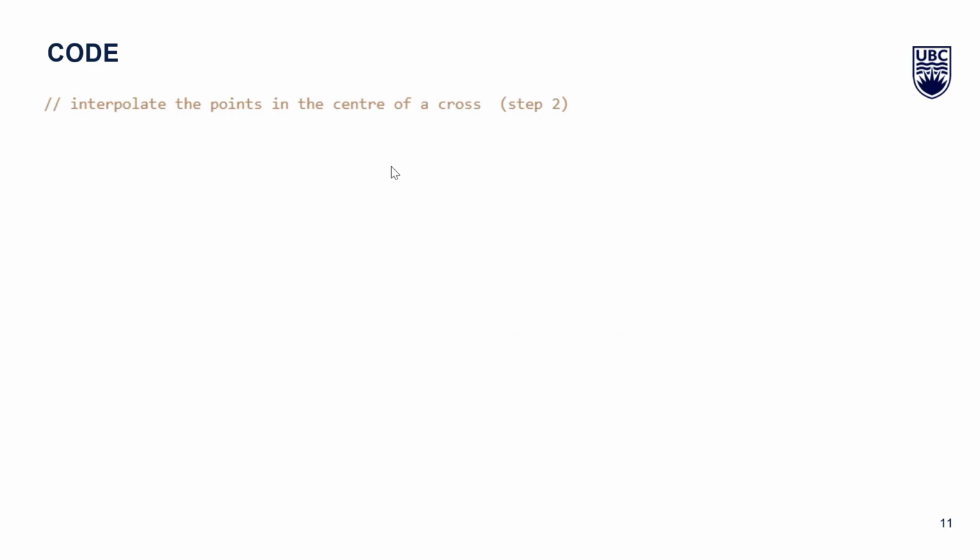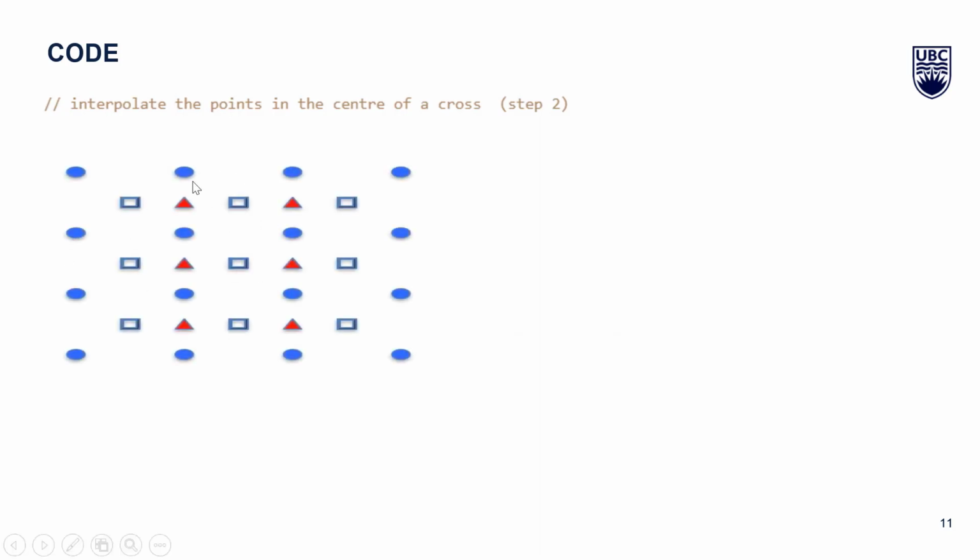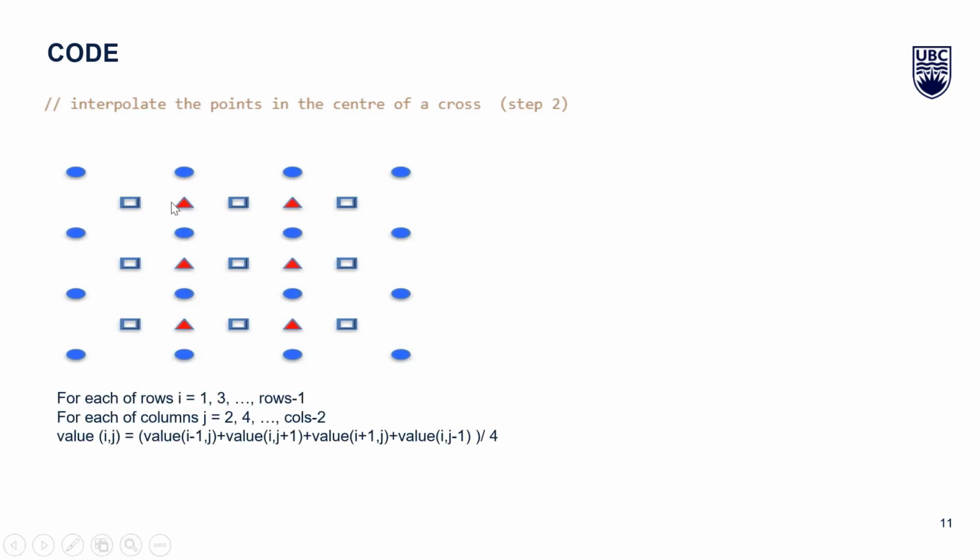The second step is to interpolate the points in the center of a cross, something like that. So we interpolate new points in rows 1, 3, 5, and in columns 2 and 4. In order to calculate the value of these new interpolated points, we calculate the average of the points around it. So let us consider this.